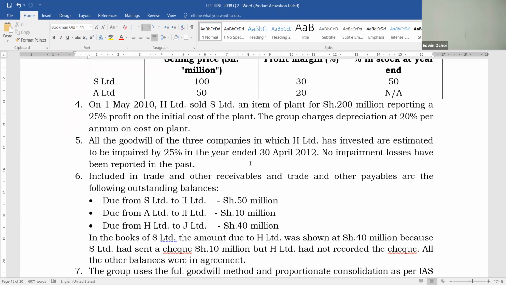Included in the trade and other receivables and the trade and other payables are the following outstanding balances.